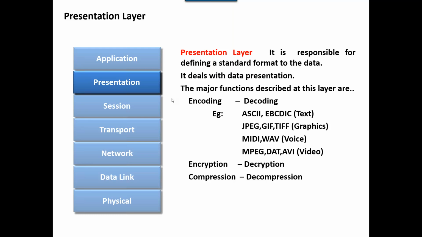It doesn't know anything. So that is the reason when the application layer transfers the data to the presentation layer, immediately in the presentation layer, it will convert the original data into standard format, for system understanding purpose.